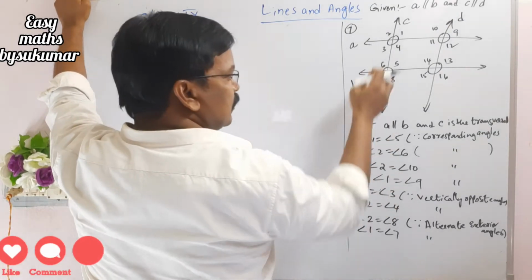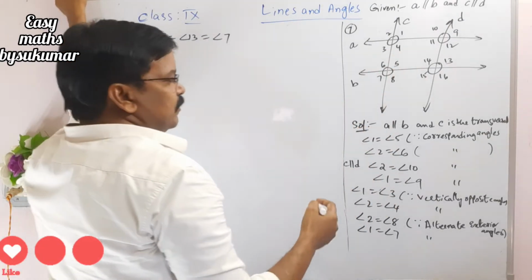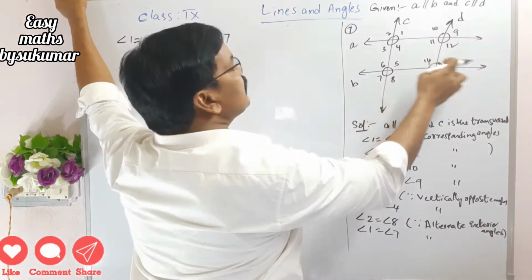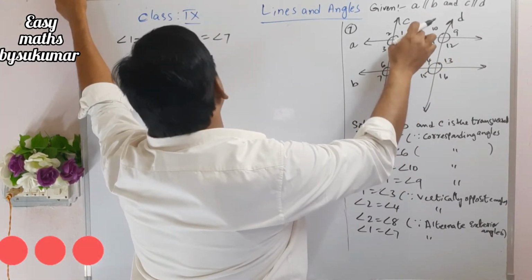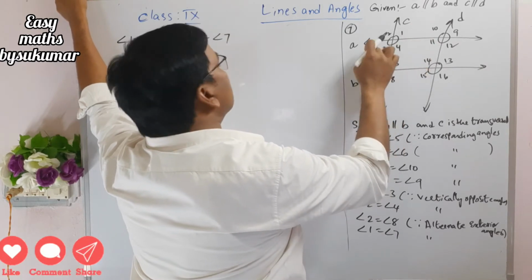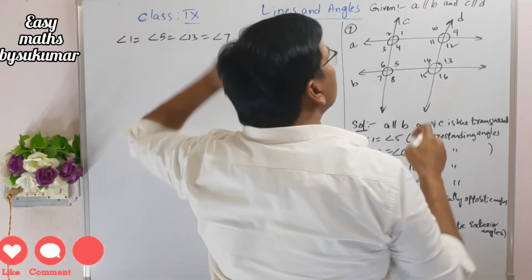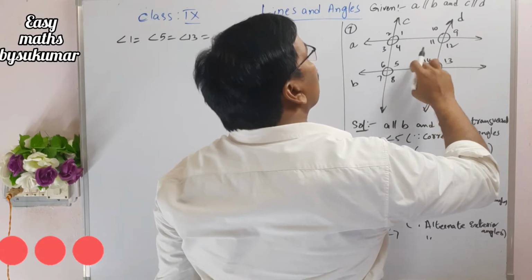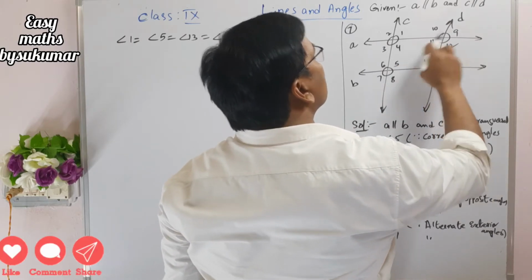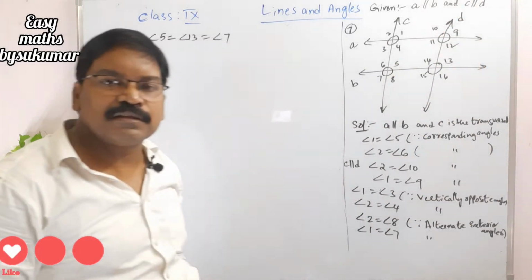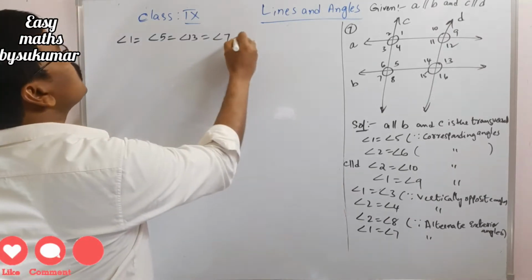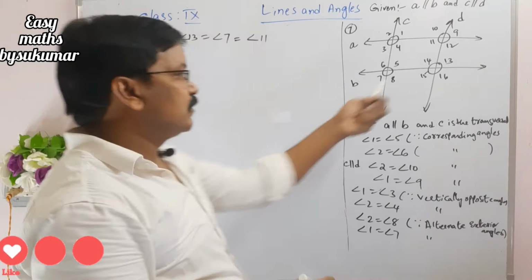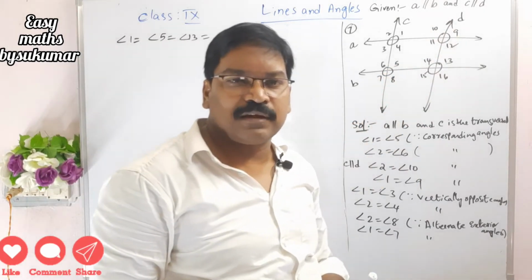This angle 1 is equal to angle 3 is equal to angle 5. What next here? Angle 5 is angle 13, angle 5 is angle 7, angle 5 is angle 1, angle 5 is angle 3, and angle 5 is equal to angle 11 also. Since it is a parallelogram, angle 5 is equal to angle 11, opposite angles of a parallelogram.